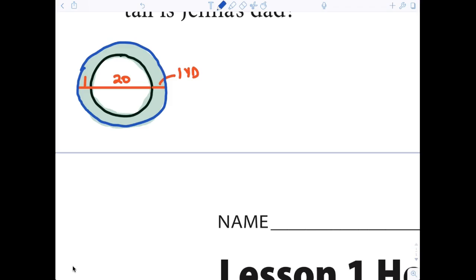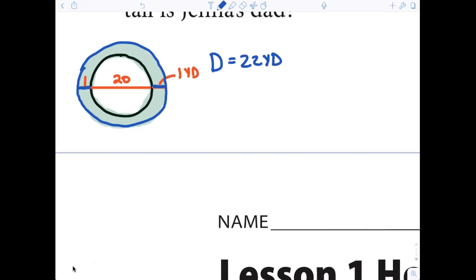What do you think? Ian, come on. Speak up. I got somebody who says 21. What do you think? 22. It would be, thank you. Exactly correct. That's why I'm saying you guys got to be thinking about it. The diameter is 22 yards.